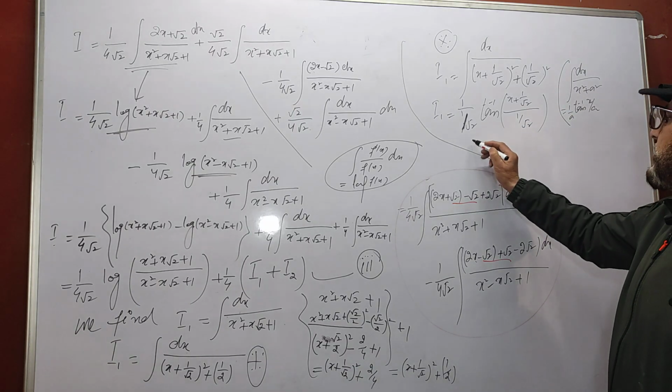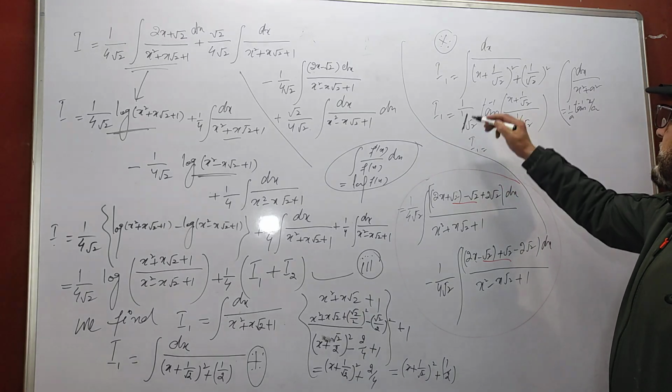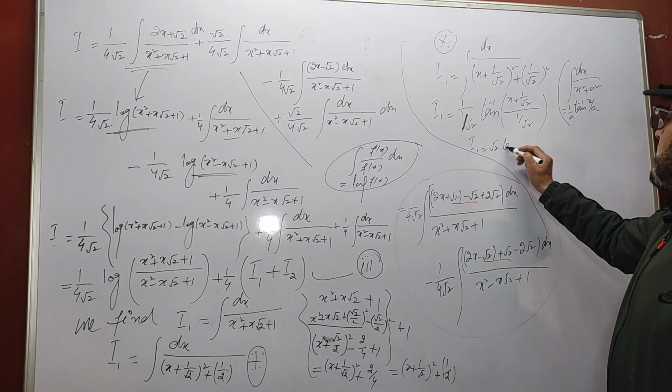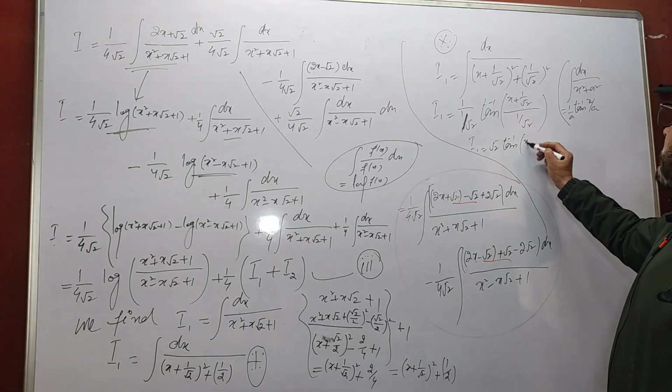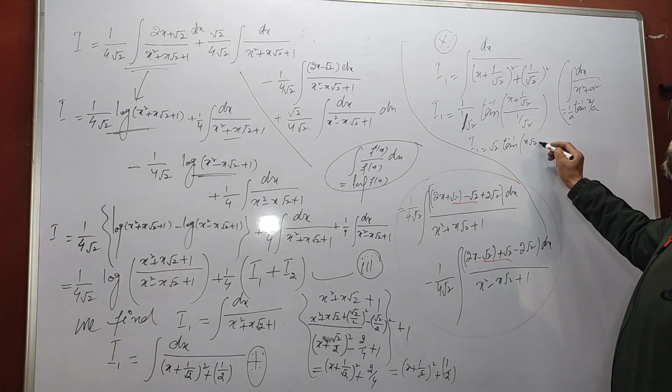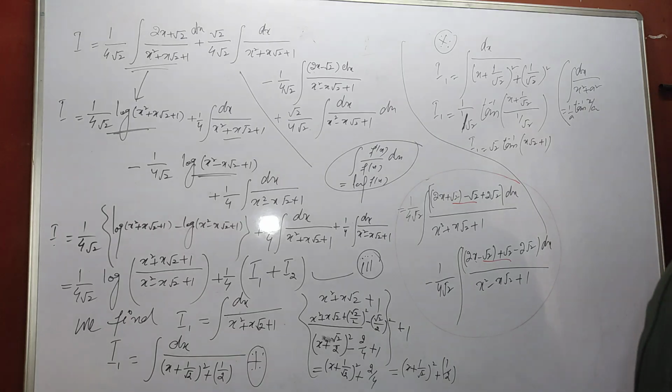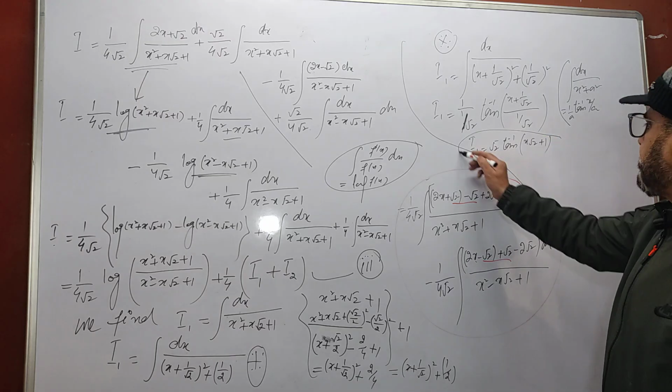Now just simplify this. Root 2 tan inverse, the root 2 cancels, it is x root 2 plus 1 only. This is my I1.